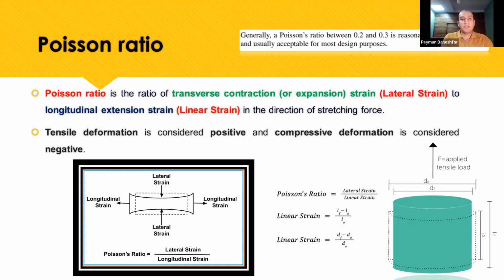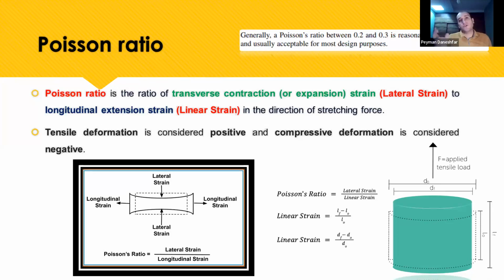If you see here in both pictures, let me show you again with my Rubik's cube. This one, we push: lateral strain, longitudinal strain. This is the ratio between these two types, okay? When you do these, you can find the Poisson ratio.